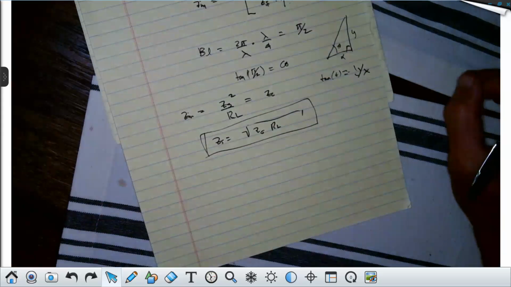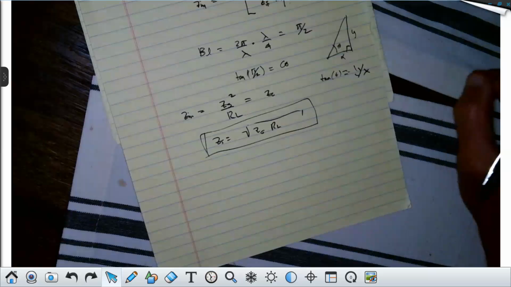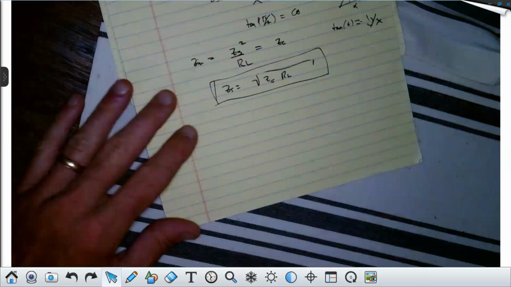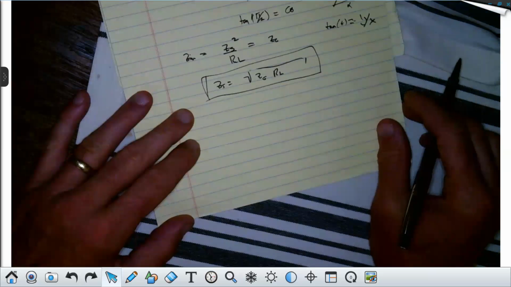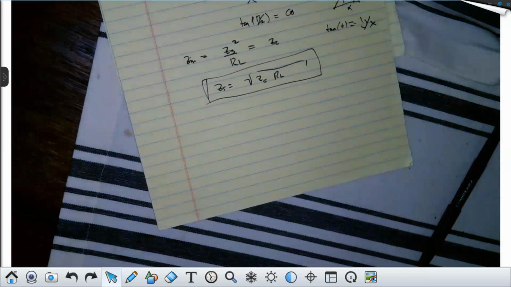Now I'm going to mention what really happens when we realize this. Here's how it's done. Transmission lines are any two conductors that are separated and insulated from each other, and they run in parallel, but there's no change in the cross-sectional area. The transmission lines we talked about were a coaxial cable and twin lines.